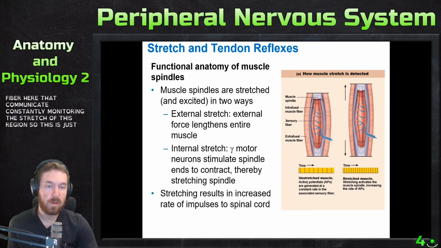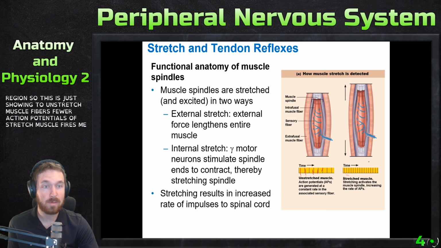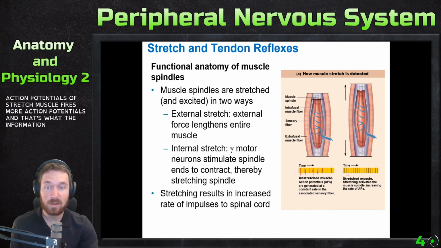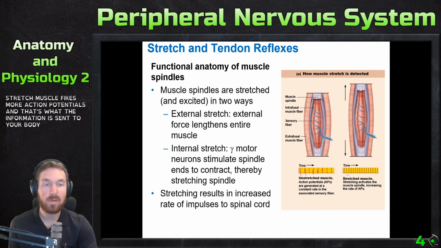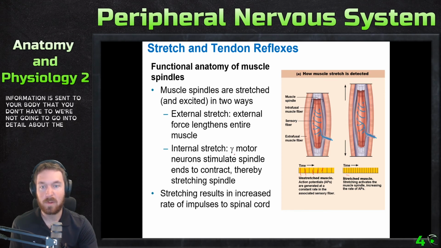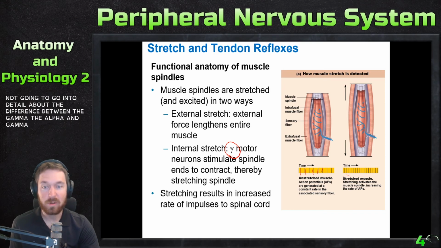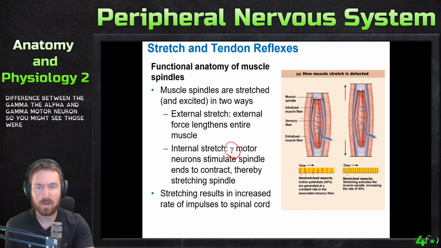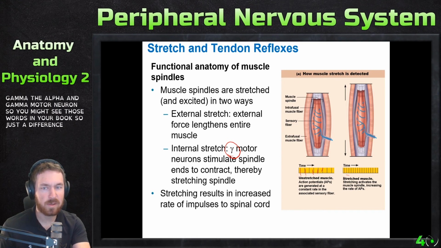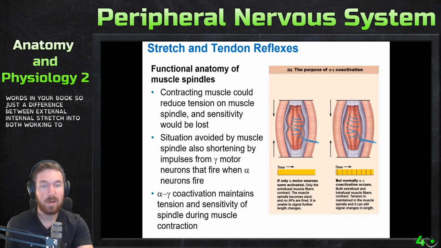This is showing that an unstretched muscle fires fewer action potentials, and a stretched muscle fires more action potentials, and that's the information sent to your body. We're not going to go into detail about the difference between the alpha and gamma motor neurons, but you might see those words in your book. It's just a difference between external and internal stretch, and they're both working together to monitor that.